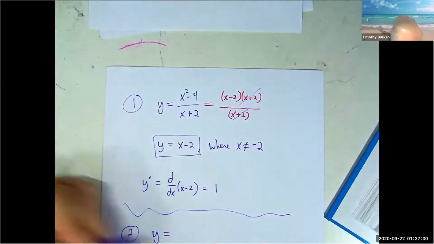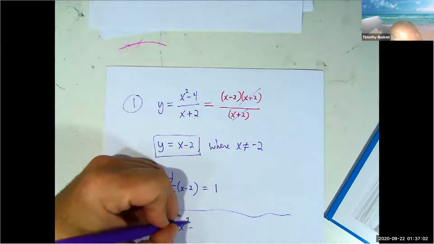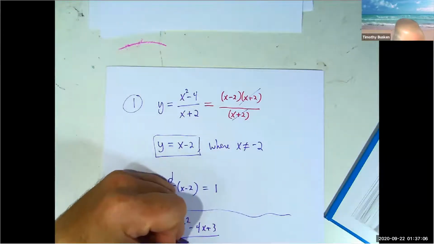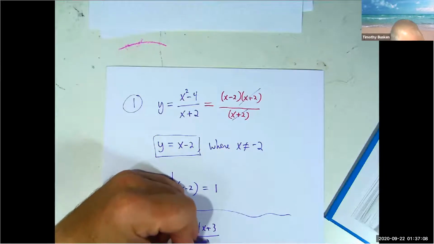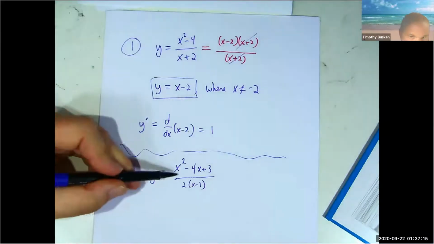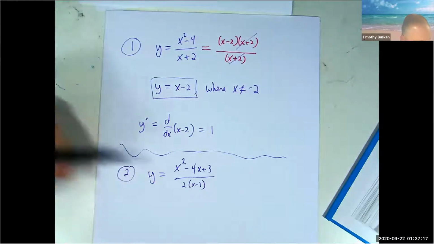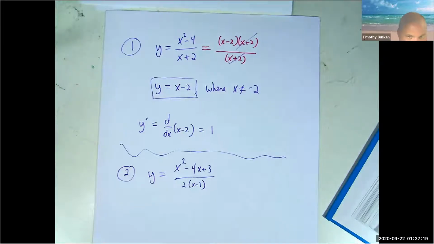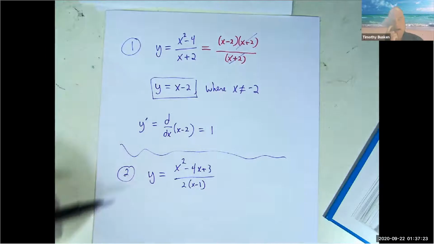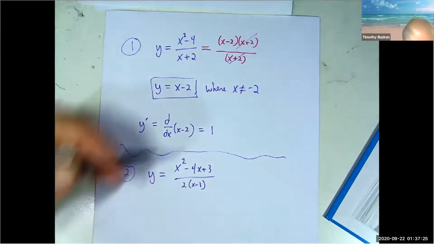The function is y equals (x squared minus 4x plus 3) over 2 times (x minus 1). Okay, so that's the given function. We want to find the derivative. We can just go in blindly and use the quotient rule. However, that's going to be a lot of work. We should first investigate, can we rewrite this function definition in a more simplified form?